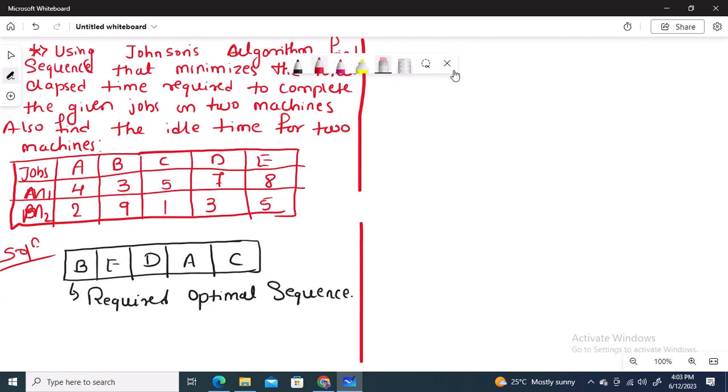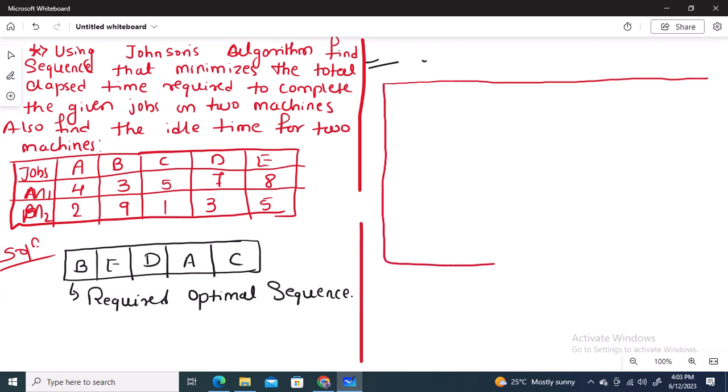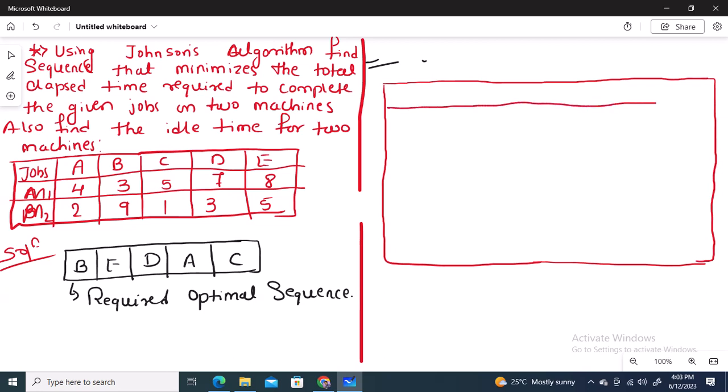I'll just write that simple table. Please be careful while writing the data, because it deals completely with numerical values.